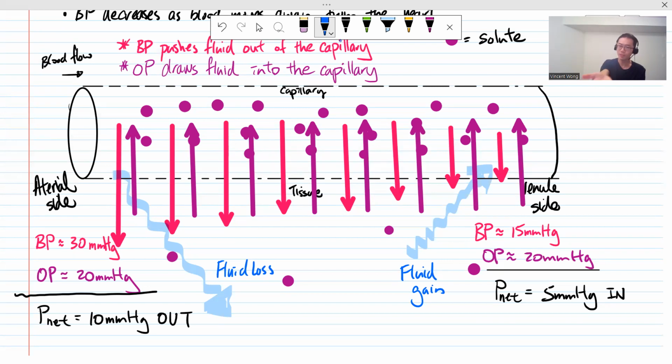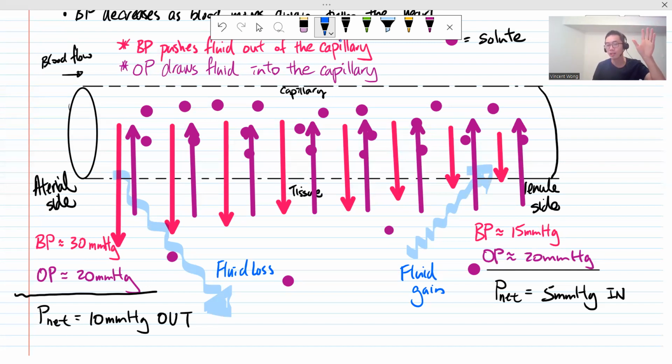But we still have a problem here. Does anybody notice a problem here? Is there something that doesn't quite make sense in this procedure? Yeah, because net pressure on entrance is more than the exit, so there will be more fluid loss than fluid gain. That's excellent, right? Exactly. Look, on the arterial side, the pressure is 10.